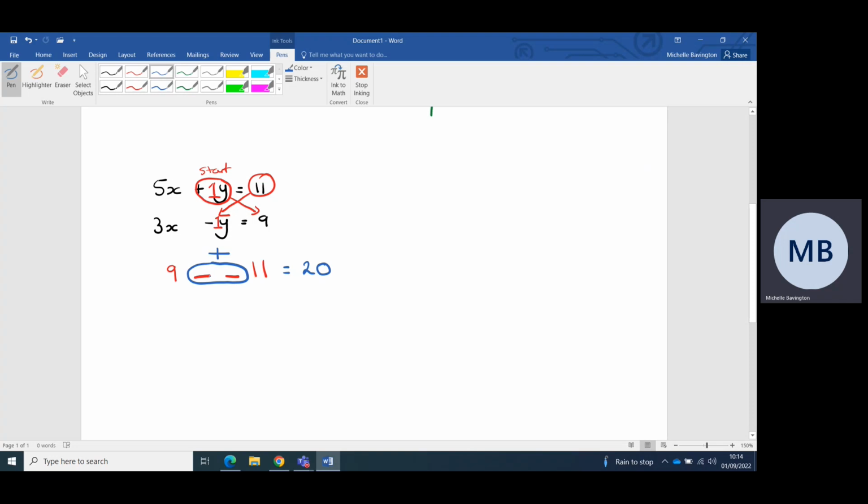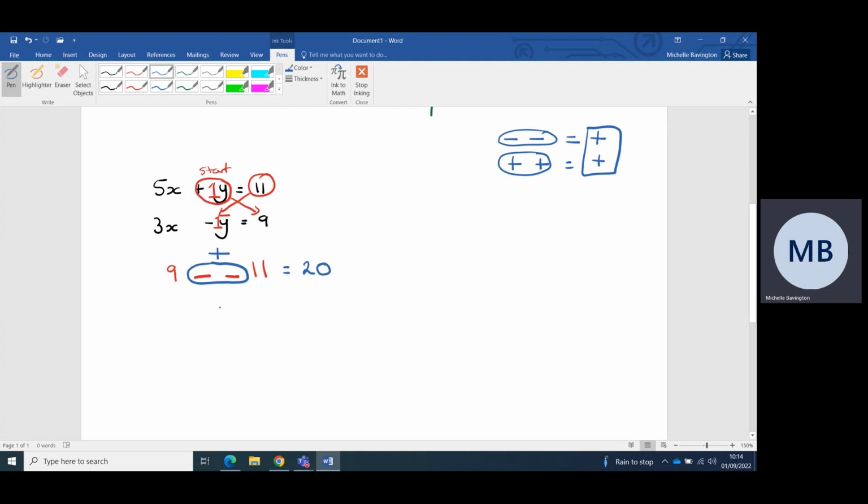So that's your important bit, okay? A negative and a negative make a positive. A positive and a positive make a positive. So if the signs are the same, we always end up with it being good. It's a good thing. Okay?